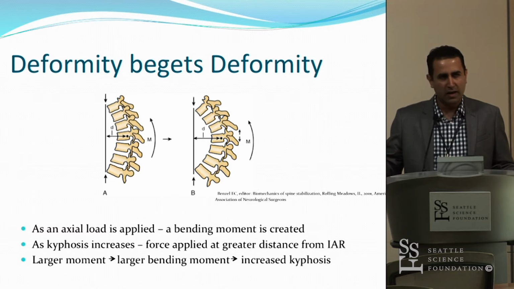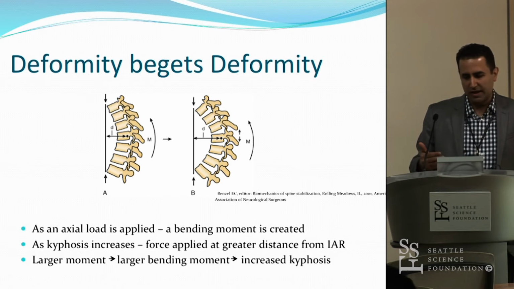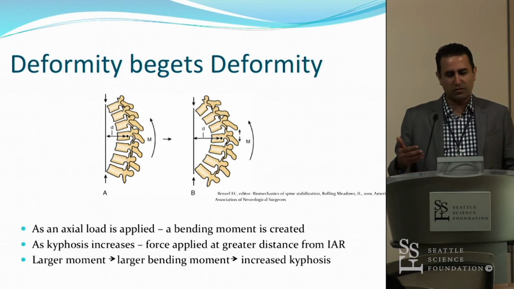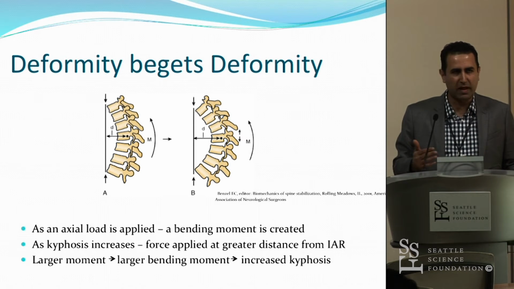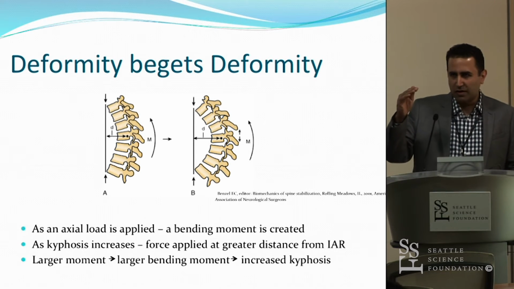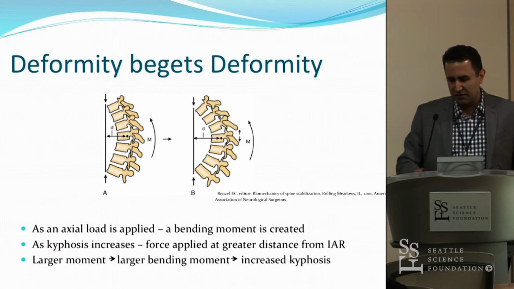They're replaced by fatty tissue. They're unable to generate the same strengthening forces with respect to correcting their alignment by retroverting their pelvis and so on. And so the deformity begets the deformity, and the pain and the symptoms become significant at that point.